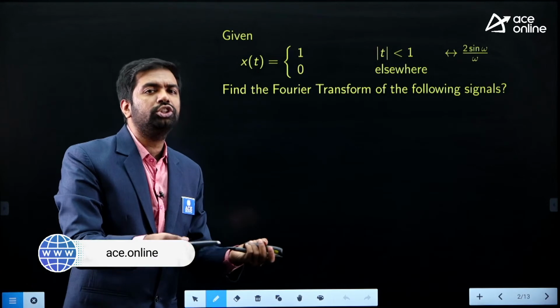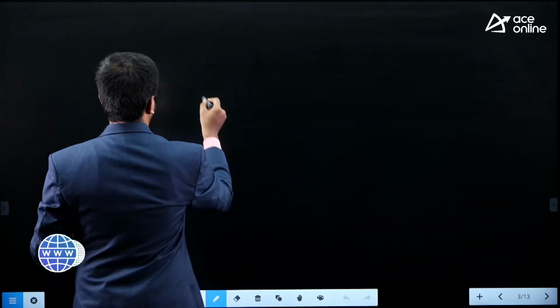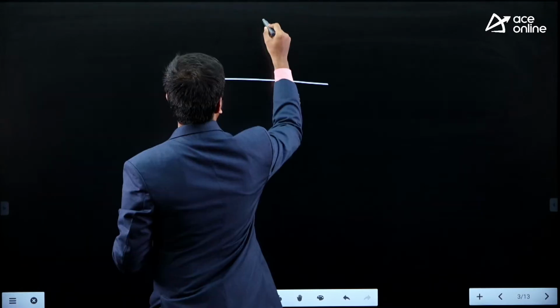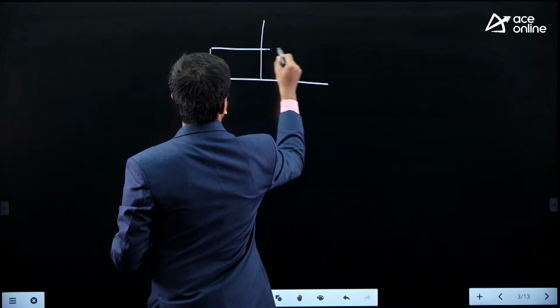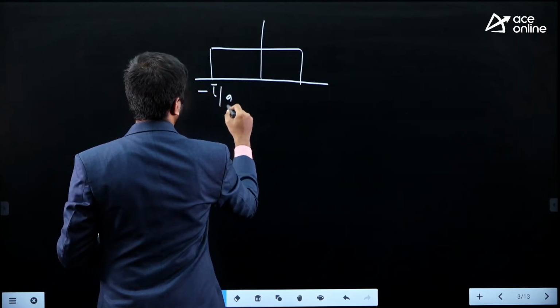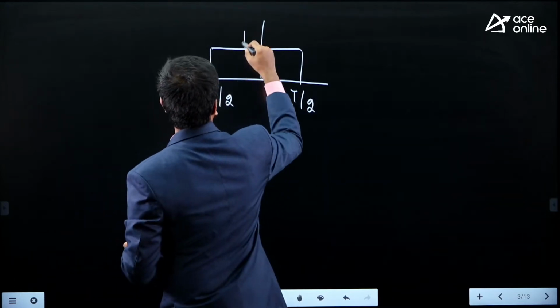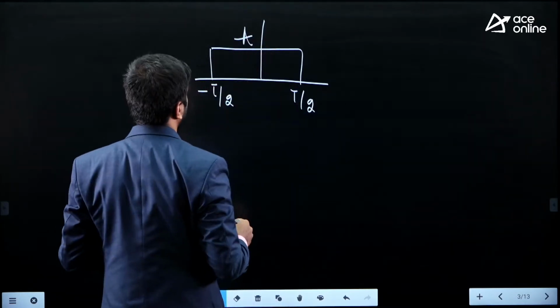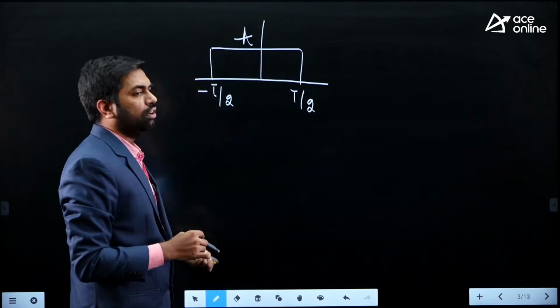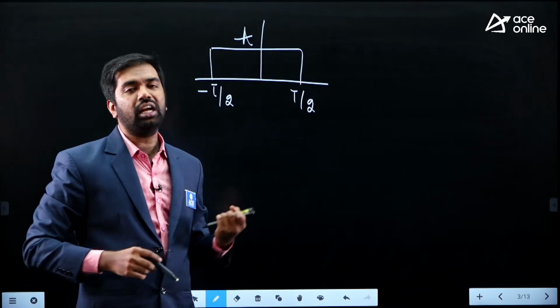Let me take a general rectangular pulse, something like this, from, let's say, -T/2 to T/2, whose amplitude, let's say, is A. Before I find its Fourier transform, I would like to write its width as well as the area.